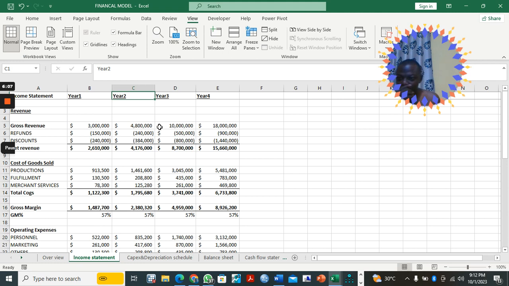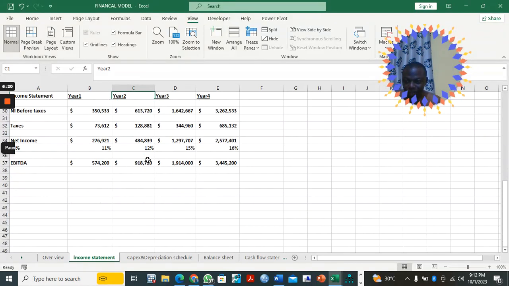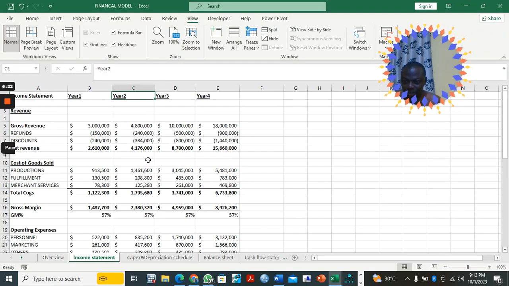All right. So you have the income statement year one, year two. Using the projection that underpins the budget, it gives us the following figures as shown. So we have the revenue, the gross revenue, then from there, refunds, discounts, net revenue, the cost of goods sold: products, fulfillment, and merchant services.